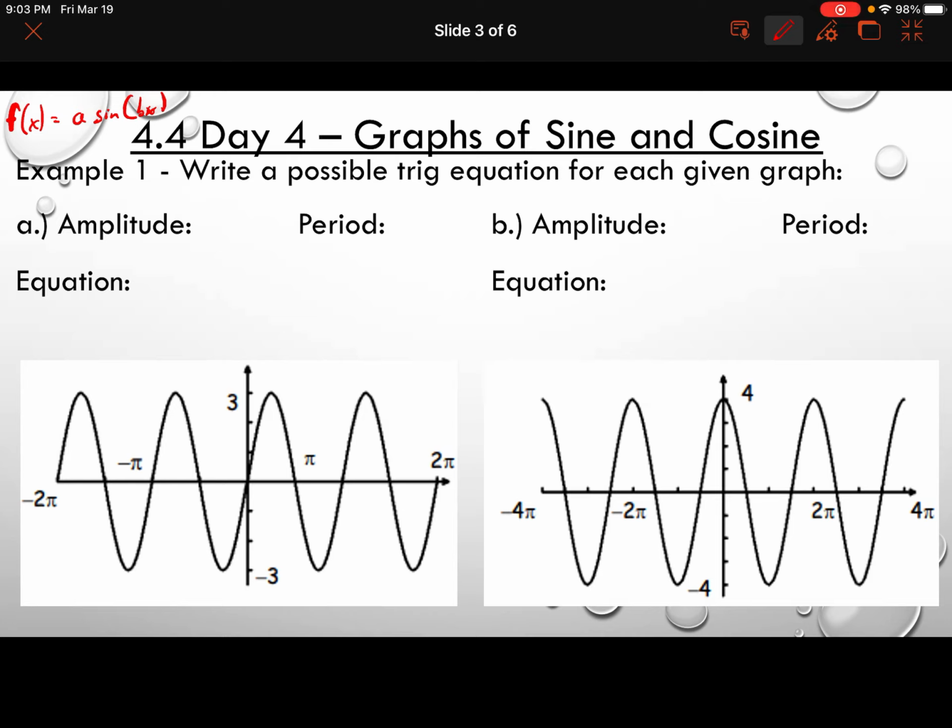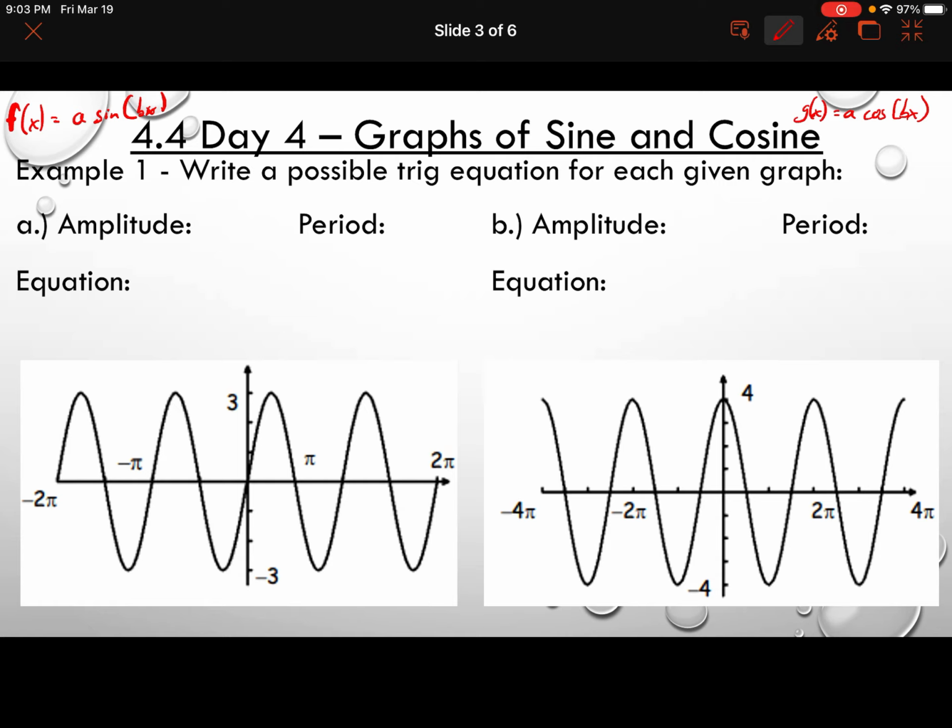And for cosine, g of x is equal to a times cosine of bx. If you recall, the a value is your amplitude, and the b value determines your period. There's that little formula: period is equal to 2 pi divided by b. So we're going to be using both of those forms in our answers.